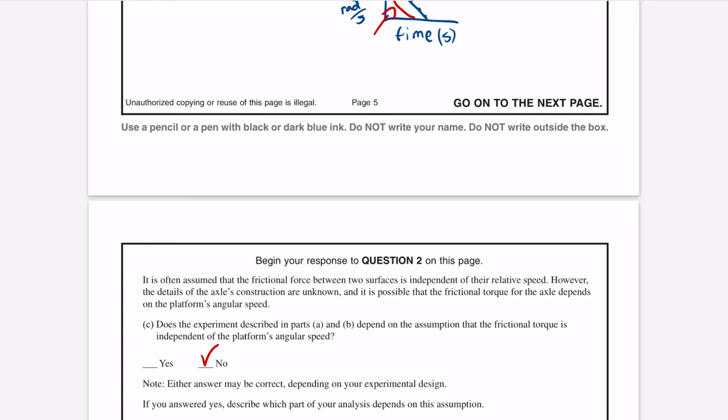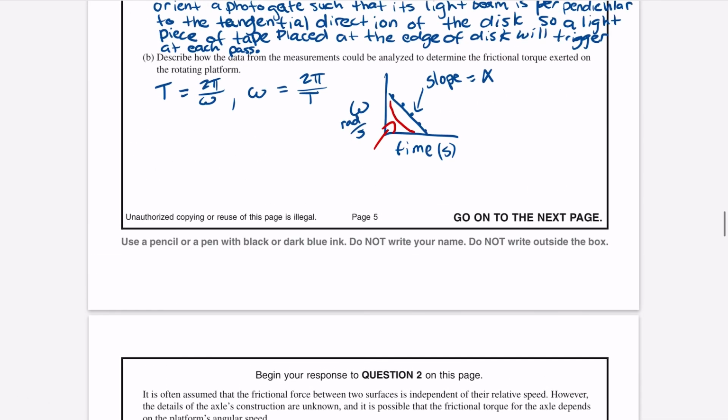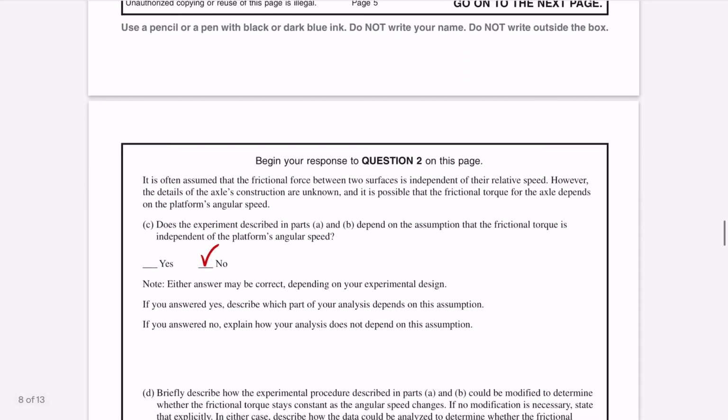Okay, so we're not assuming that it's going to be constant regardless of speed. The reason for that is what I just explained up here, because our data is going to show a linear relationship if it is independent, and it's going to show a curve if it is dependent. And either way, this is a useful curve to us.